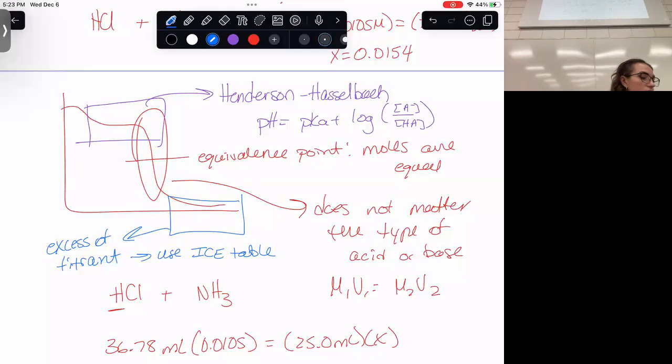You couldn't use the Henderson-Hasselbalch in that blue box that I have because there is no half dissociation. At the blue box area, you now fully have your strong acid or your strong base, so it'll fully dissociate. And so any excess that you have will just become the concentration of that OH minus or of that H plus ion.